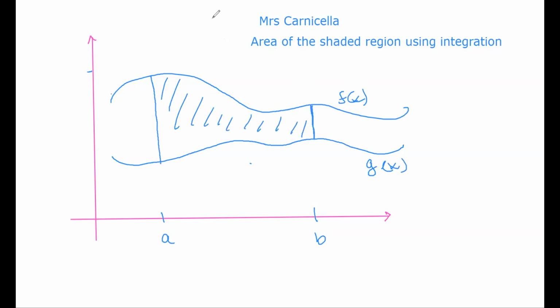The way I'm going to do this is I'm going to use the formula, and I'm going to remember that it's always going to be the upper minus the lower function.